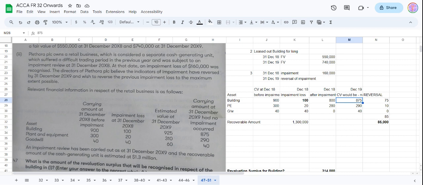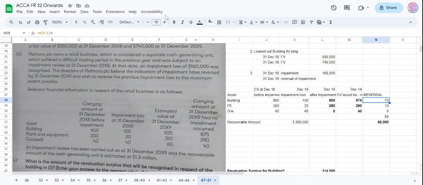If there was no impairment, our value would be this much, so we can't go below this. So this column is important, and this is important. We have 100, but we can go just this far. So we deducted whatever value we had after impairment.